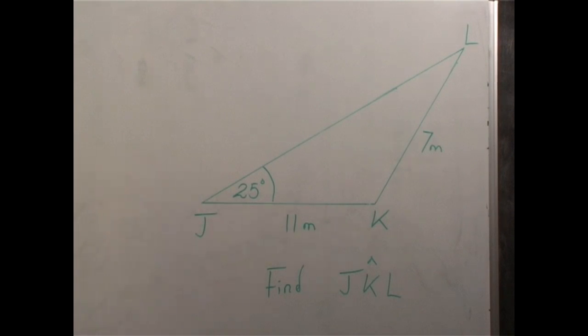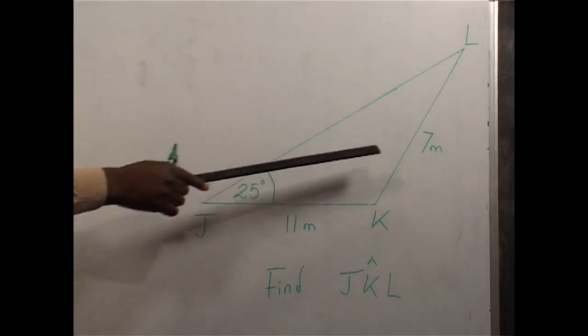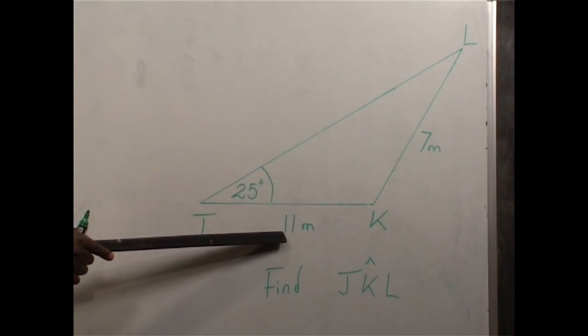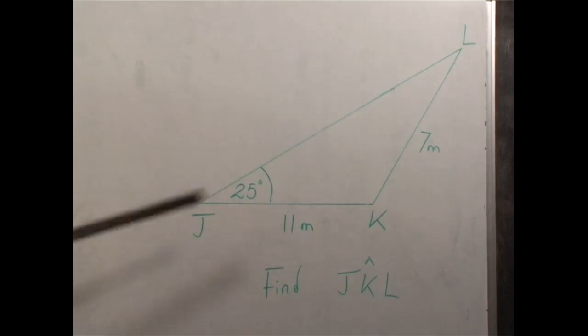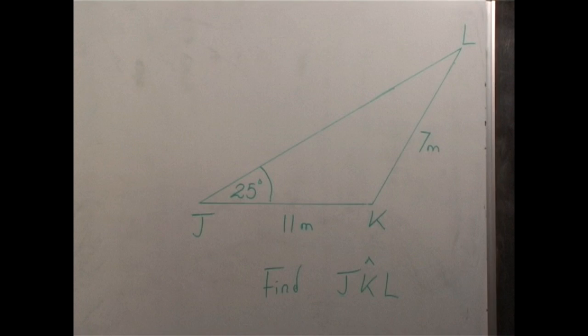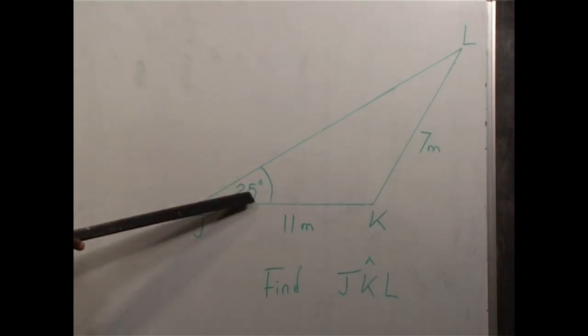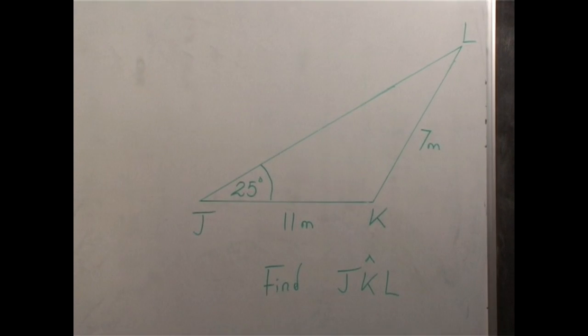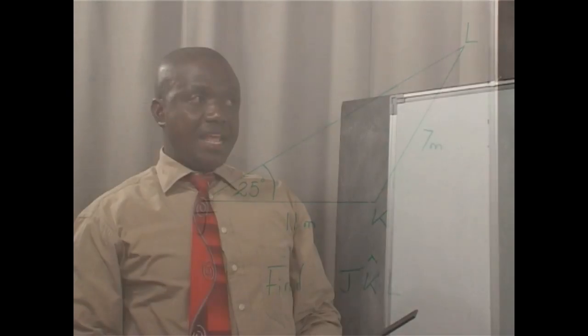So if we can use the sine rule with this 25 degrees, the 7 meters, the 11 meters, and be able to find this angle, it will be possible for us to find the angle that we have been required to find by simply adding this to that and subtracting from 180.